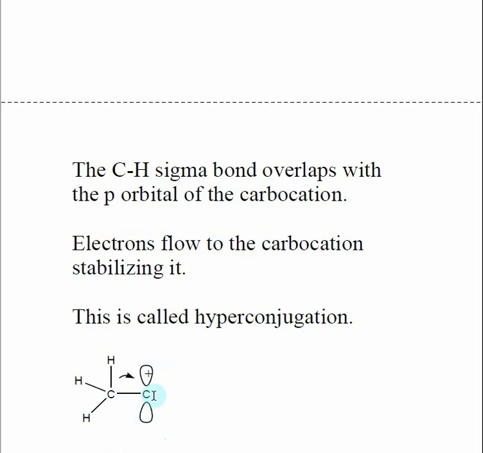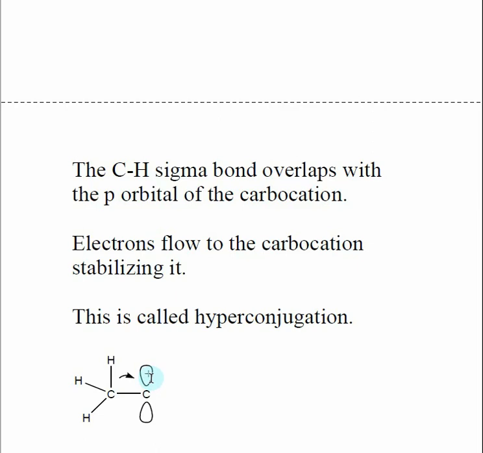So what happens is, if I have an alkyl group that's directly adjacent to it, remember, because we have a single bond here, these CH bonds can rotate around, and in some cases they can become eclipsed with the p orbital. So this CH bond and this p orbital are inside of the same plane, and when this happens, the electrons from the CH sigma bond can donate electrons into that p orbital and stabilize the positive charge.